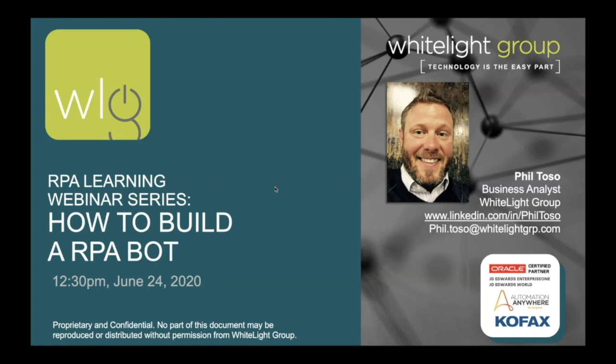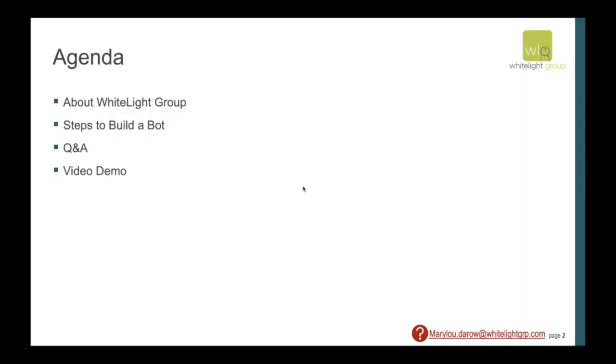We're going to talk today about the RPA Learning Webinar Series: how to build a bot. To get into the agenda, we're going to talk a little bit first about White Light Group, so you understand who we are. If you've been part of these webinar series, you've probably seen this one before. We also typically have an area in our agenda for the RPA basics. We're leaving it out on this one.